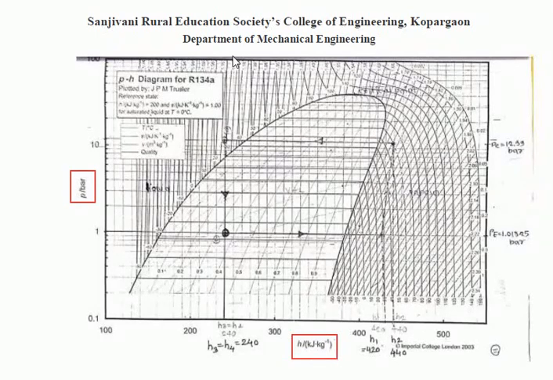You can see these lines coming are the temperature lines. They come like this, they go like this, and they come like this. Initially you have to take the pressure. First, the evaporator pressure is this, that is how much? 1.0135 bar. This is the evaporator pressure. Compressor pressure is 12.99 bars.